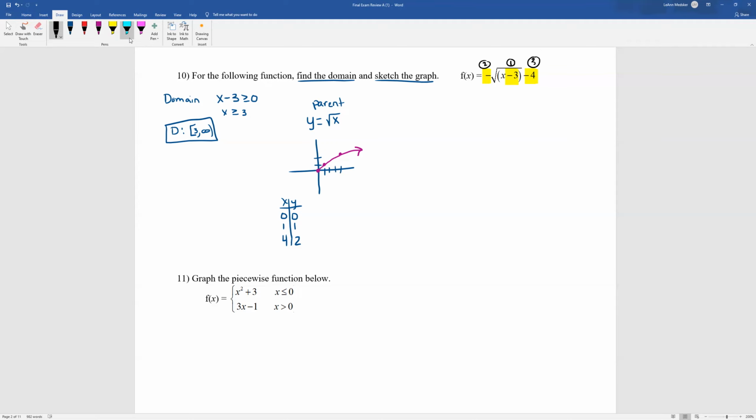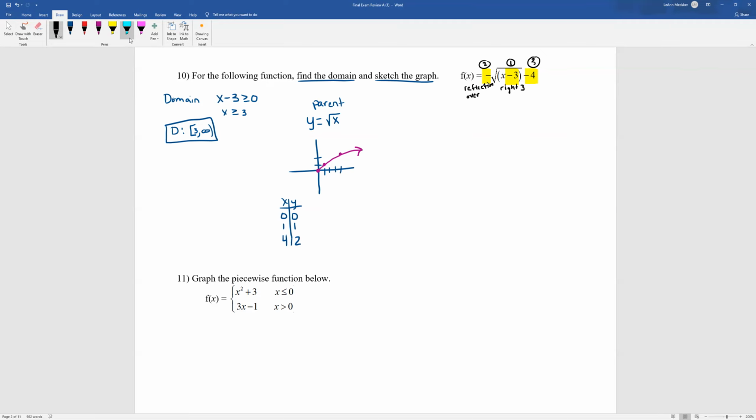And the way we do this is we think about what we would need to zero this back to its center, and that would be a +3. So it's the opposite of what we think here, the opposite operation. So this is going to be right 3. And then when we have a negative in front of our parent function, that is a reflection over the x-axis.